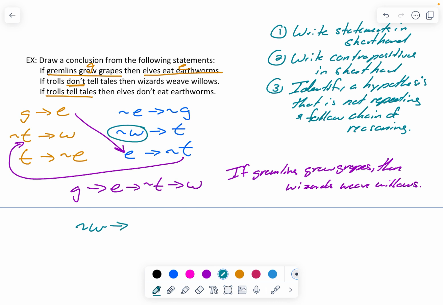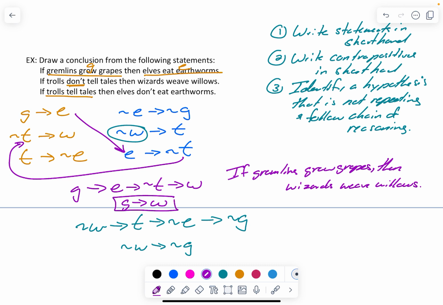Well, it would have been T, and then T goes to not E, and then not E goes to not G. So we would have ended up with not W implies not G, where up here we had G implies W as our final. And notice it's the contrapositive, right? So they're both correct.